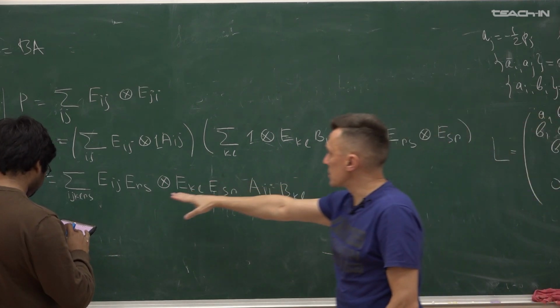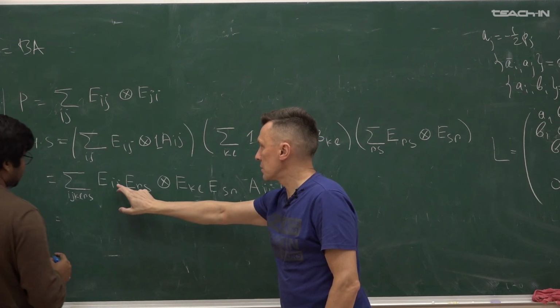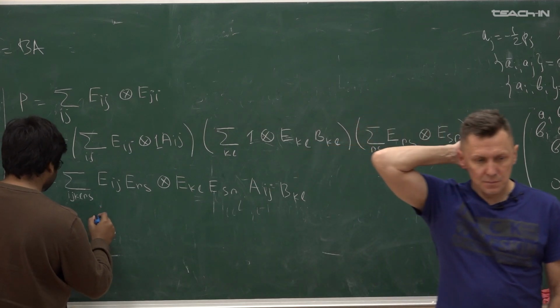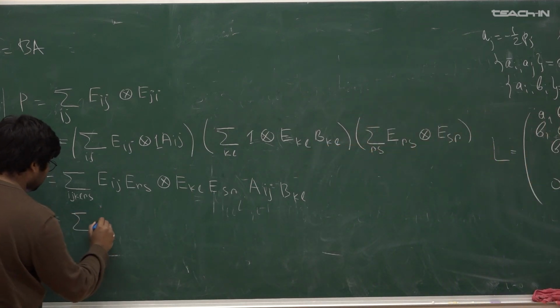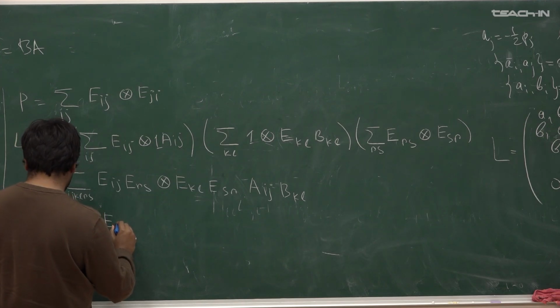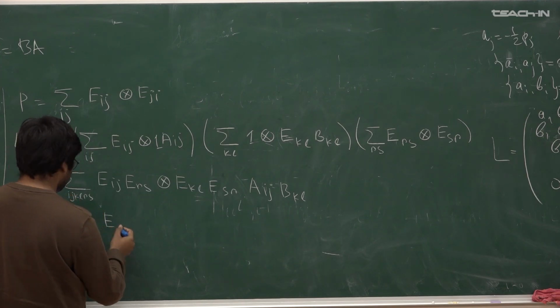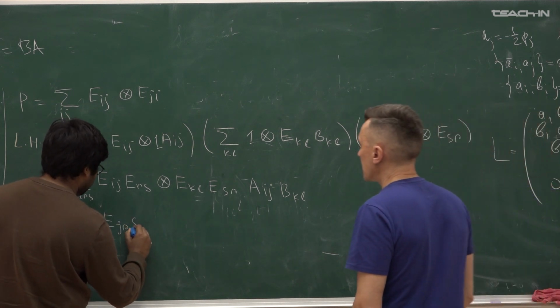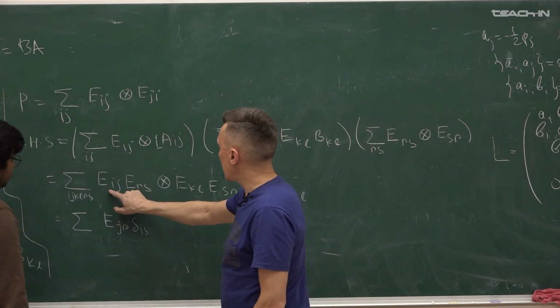We know how to multiply matrices. We need here the delta function. It is IS.